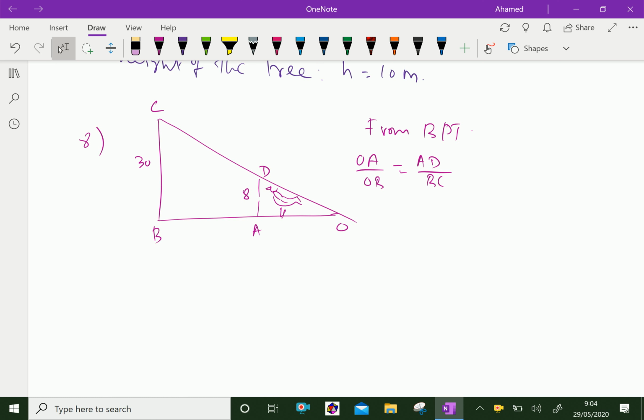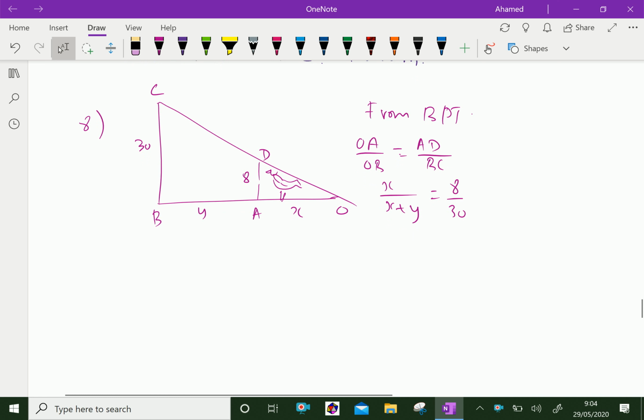Now, let the shadow length OA be x, right? This AB is y. Now we can write x over OB, which is x plus y, equal AD is 8 feet over BC is 30 feet.